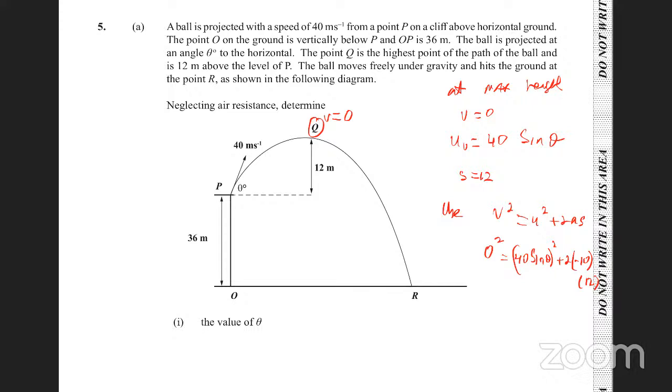So you do a little thing there, that'll give you 240 is equal to 40 squared. What's 40 squared again? 1600 sine squared theta.